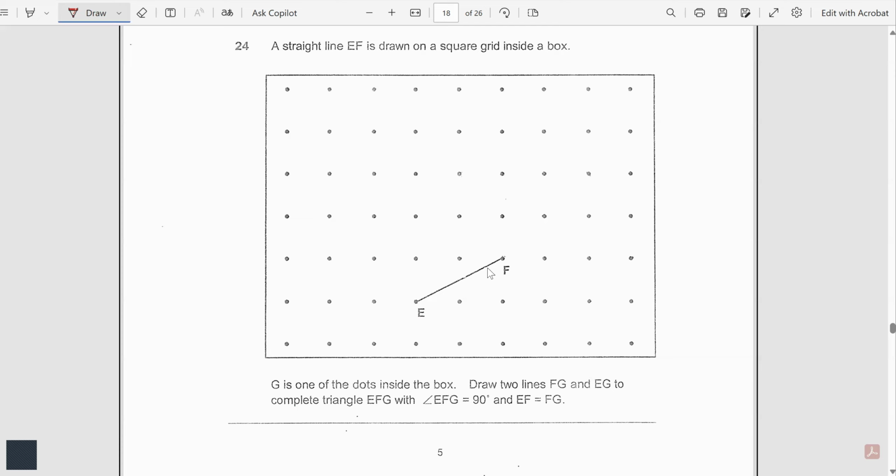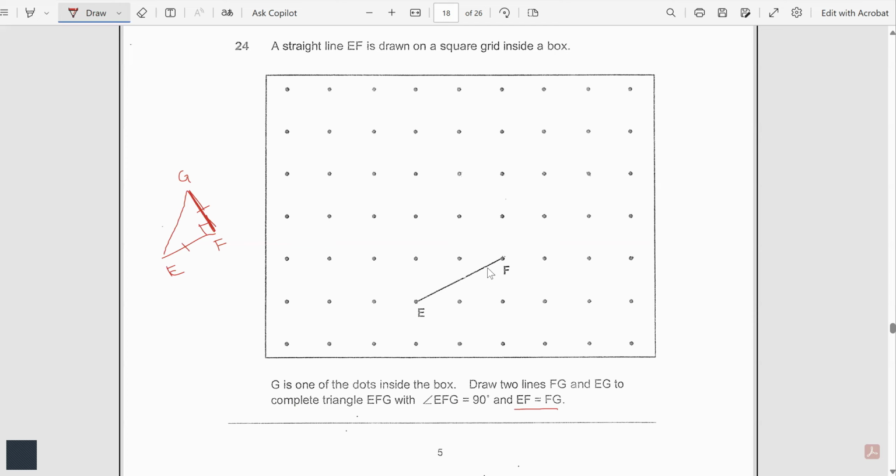So if I were to sketch the triangle here, EF is like that. Now, EFG is 90, so the 90 should form like here. So G is somewhere there. And EF equals FG. Okay, so something like that.